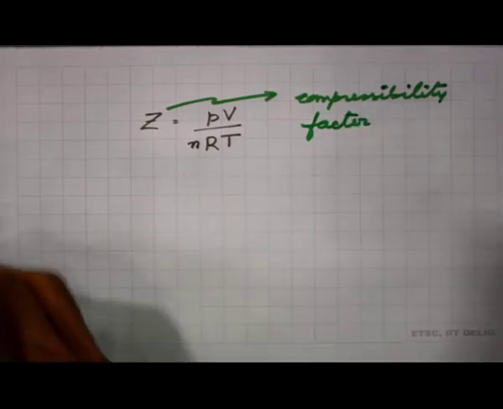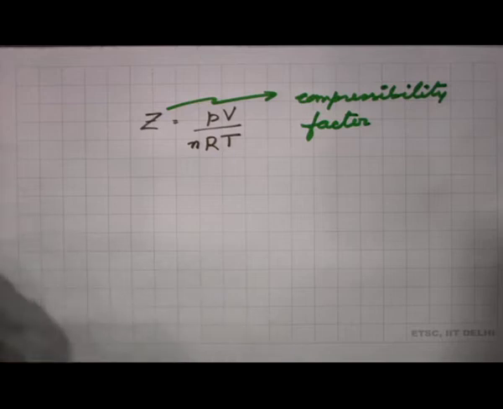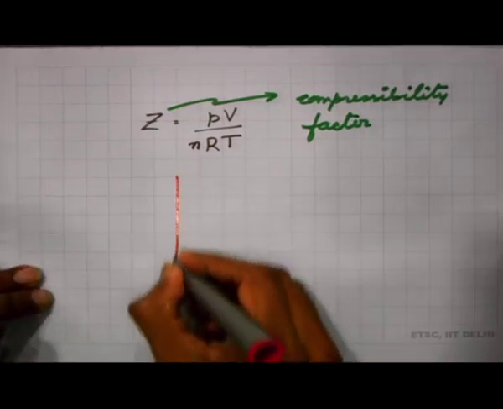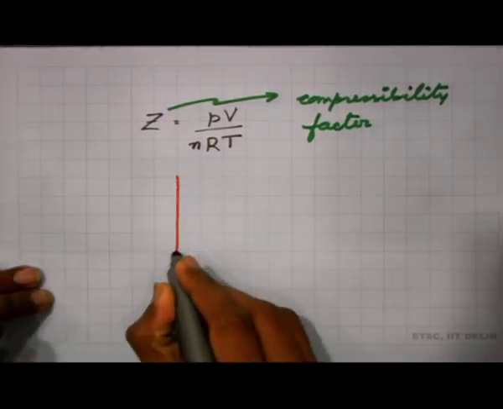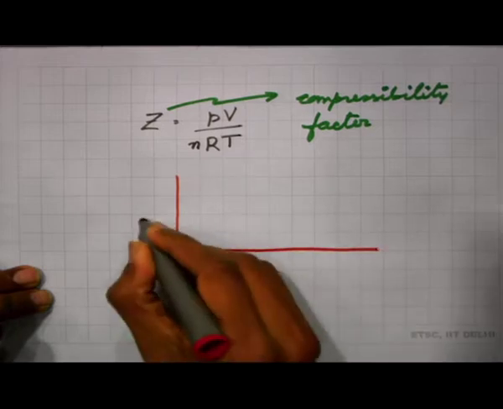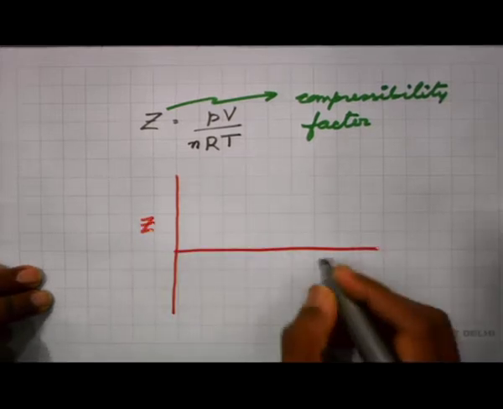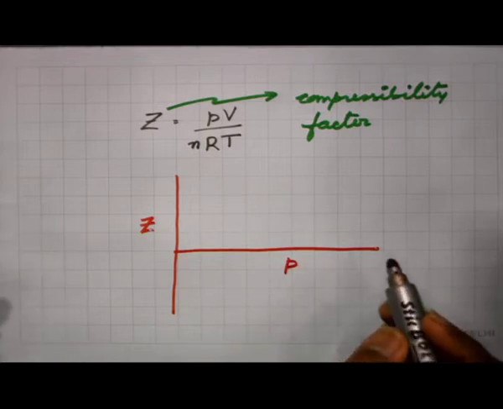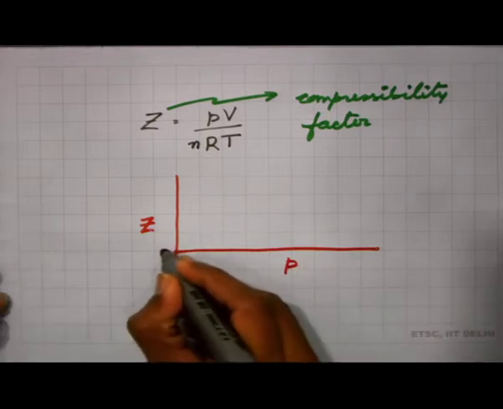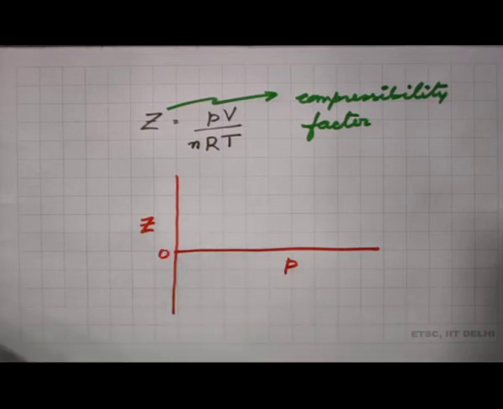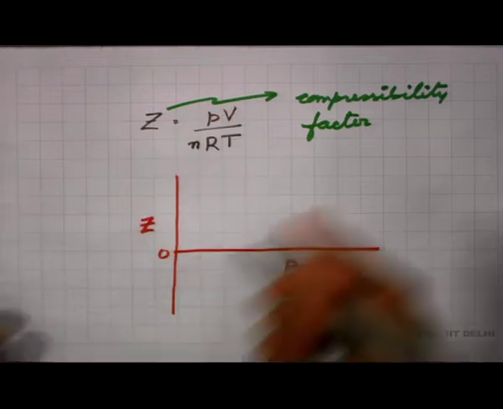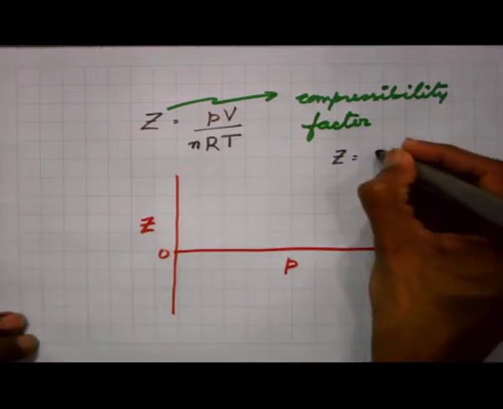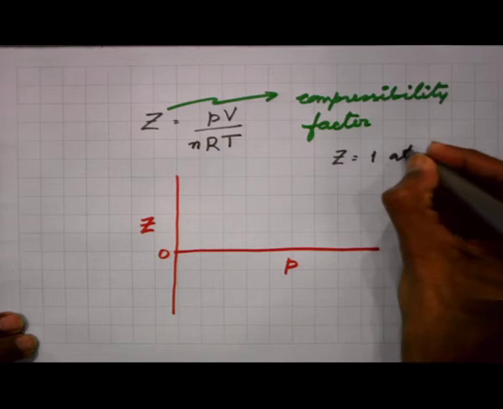Now, if you plotted Z as a function of P, so I am plotting Z on the y axis against the pressure P, right. Let us imagine this is 0. Now, for an ideal gas, Z is equal to 1 at all pressures.